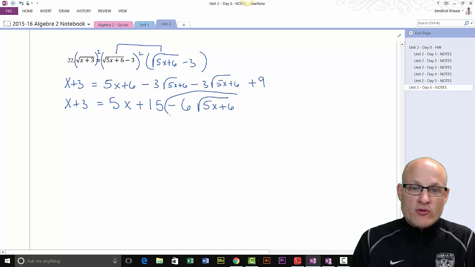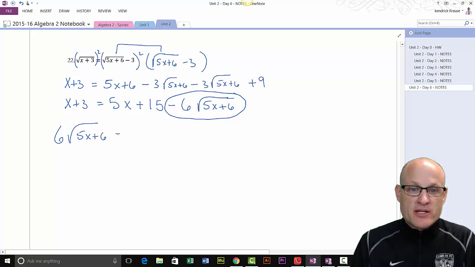Now I'm going to move this over to the other side because I don't like it. Remember, we've got to isolate the radical, and I don't like my stuff negative that I'm going to isolate. So I'm going to bring it over here, and it becomes positive. Positive 6 radical 5x plus 6 is equal to, now I'm going to subtract x and subtract 3, 4x plus 12.